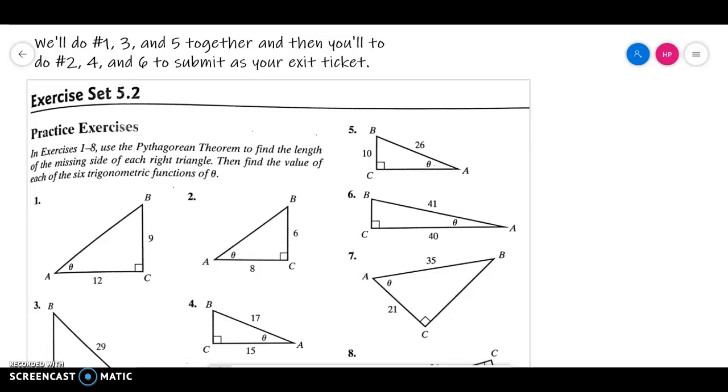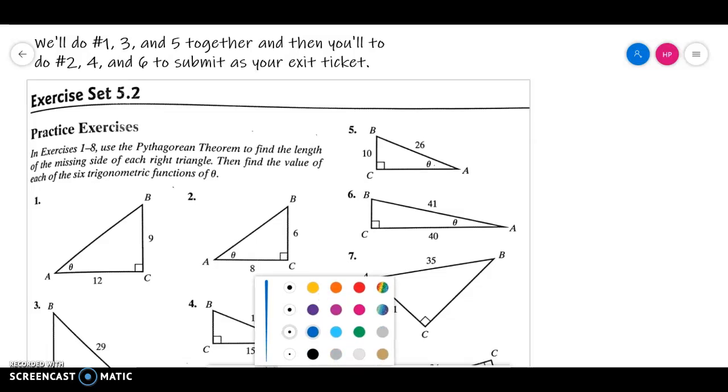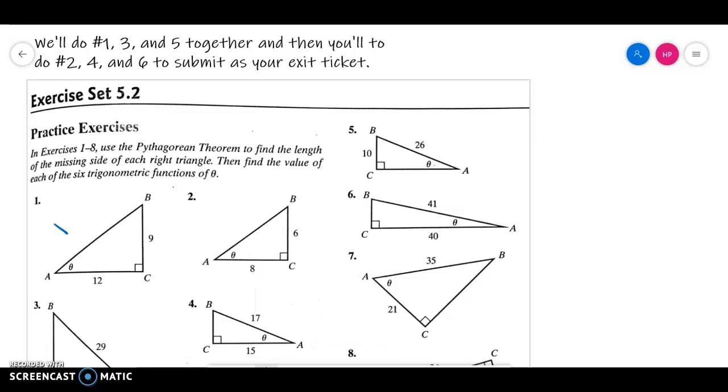So if I start with this, I'm missing my hypotenuse. And so I'm trying to find the hypotenuse, which is side C. And so my Pythagorean theorem for this one, hypotenuse up there, side C, is what I'm used to. So for number 1, it is going to be 12 squared plus 9 squared is equal to C squared.